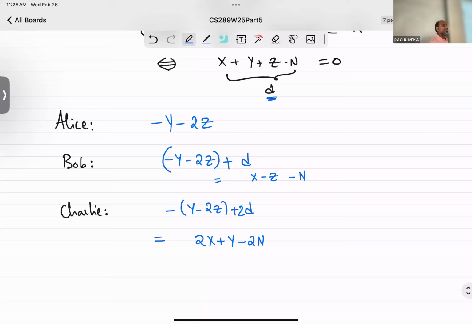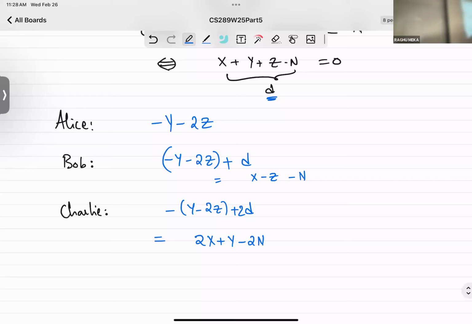So what happened here is Charlie's number only depends on X and Y. It doesn't depend on Z, because if it depends on Z we are in trouble, since Charlie doesn't know what Z is. Same for Bob: it only depends on X and Z, what he can see.